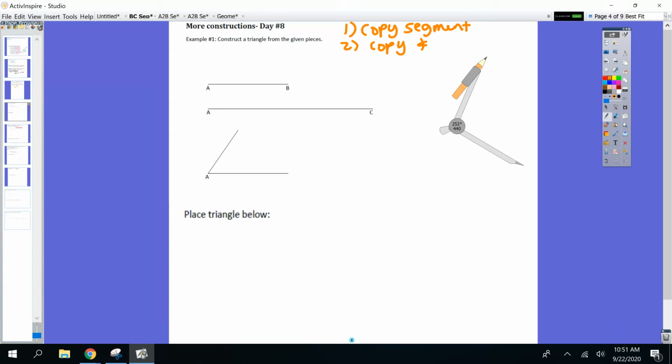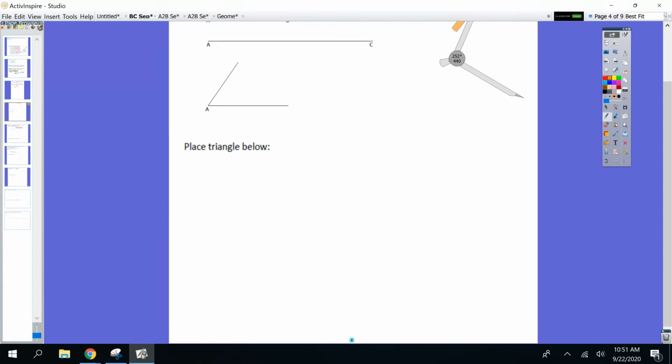So first thing we need to do, where it says place the triangle below, you need to, using your straight edge, make a ray. Let's put the compass down, playtime's later. Make a ray that is longer than the longest line segment up there, please.